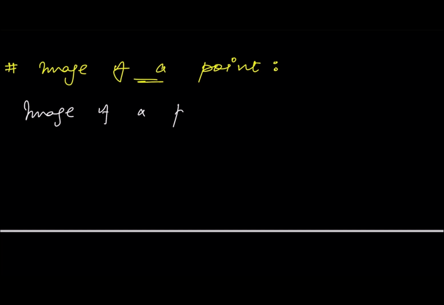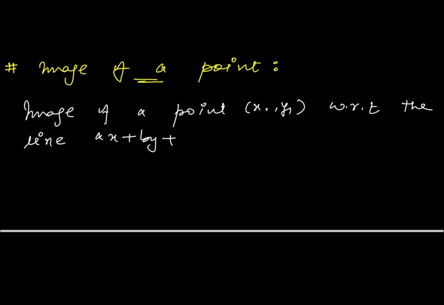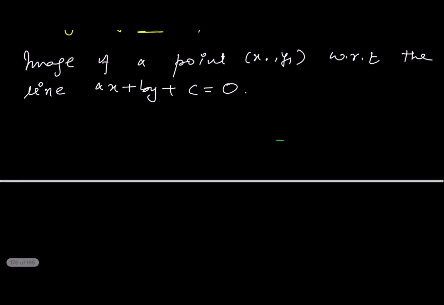So in this we will write image of a point (x1, y1) with respect to the line ax + by + c = 0. Let's say this is the given line ax + by + c = 0, and it is a given point, say P(x1, y1), and we need to find the image of P, say P'.